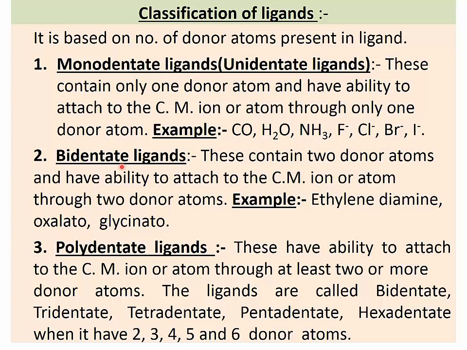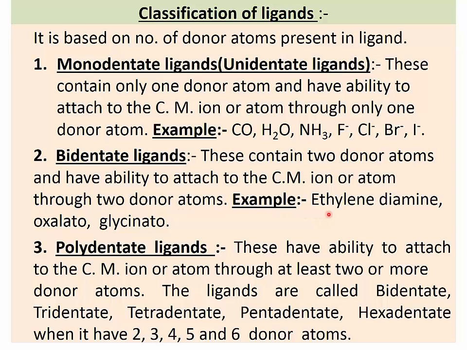The second type of ligand is the bidentate ligand. The name indicates that this ligand contains two donor atoms and donates two electron pairs to the central metal atom or ion. So these contain two donor atoms and have the ability to attach to the central metal ion or atom through these two donor atoms.